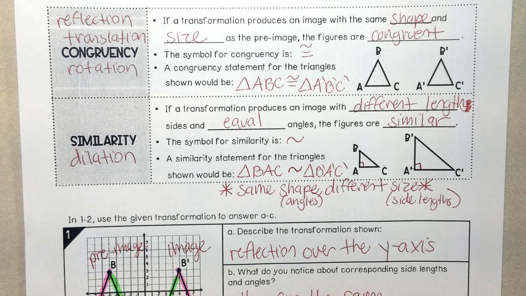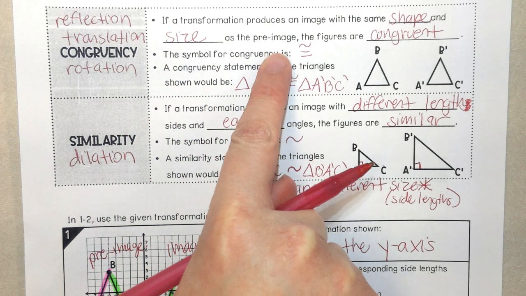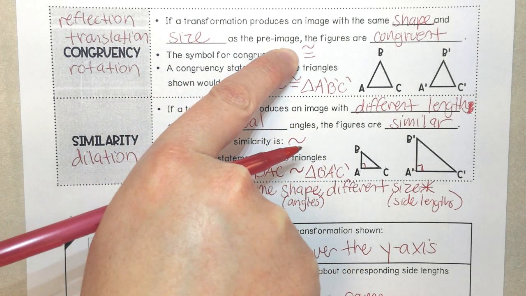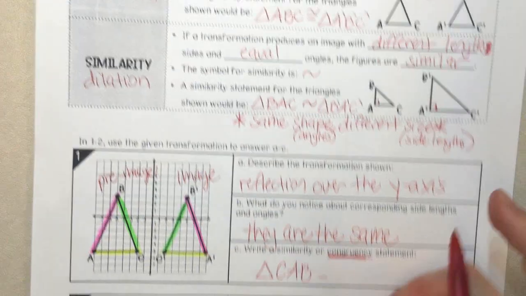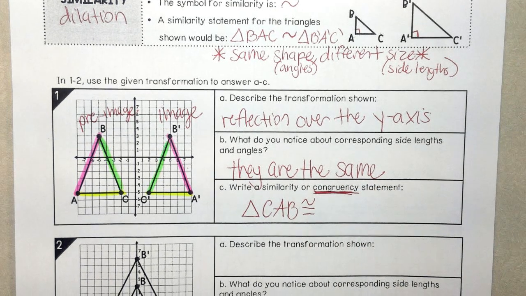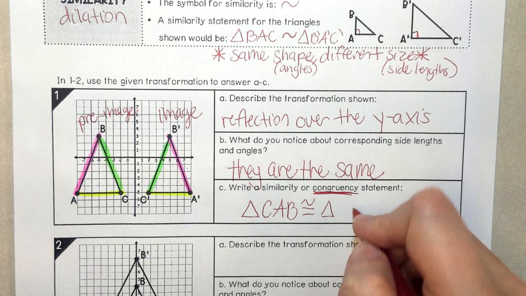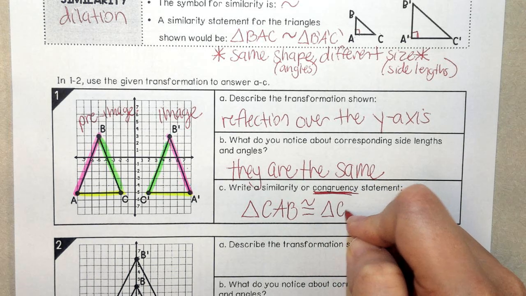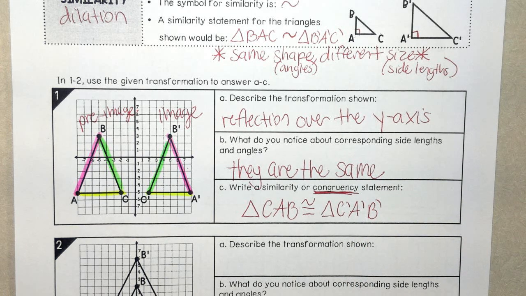It's more than just a squiggle. With what underneath? Equals. Yeah, very good. So we need the equal sign with the squiggle. That's congruent. And anybody, if it's triangle CAB, this one's going to be triangle. Very good. Okay. Any questions on that first one?